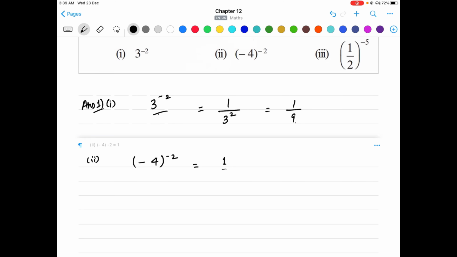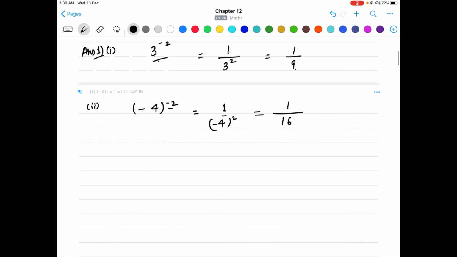So we have 1 divided by minus 4, and here its power is minus 2, which changes to plus 2. That will be equal to 1 divided by 4 square, which is 16. Since the power is an even number, the negative is changed to plus, that is, minus 4 into minus 4 gives us plus 16. So the answer is 1 by 16.